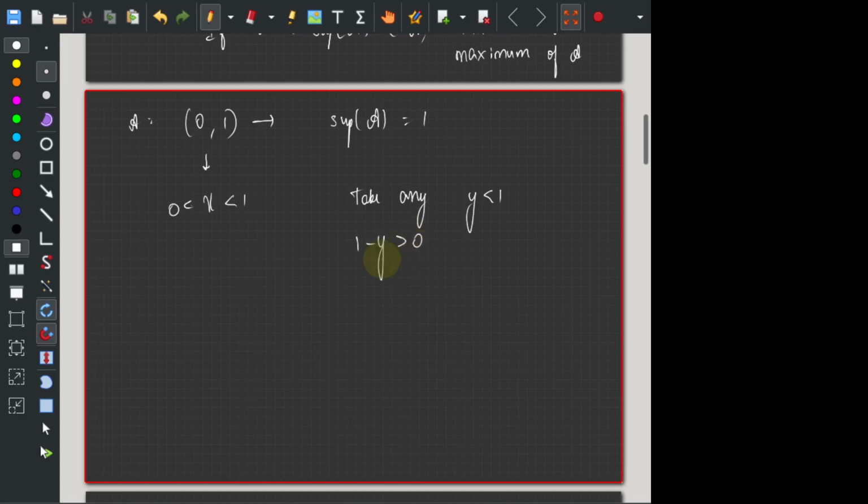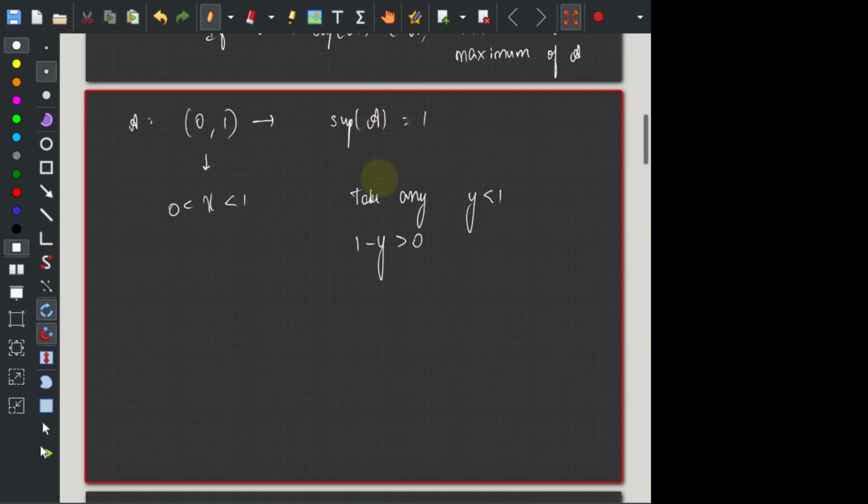Do we also take y to be greater than 0? Not necessarily. Not yet at least. Right. So again, what we want to show is that if I take any number which is less than the supremum of A, then there is at least one point in A which is larger than that.